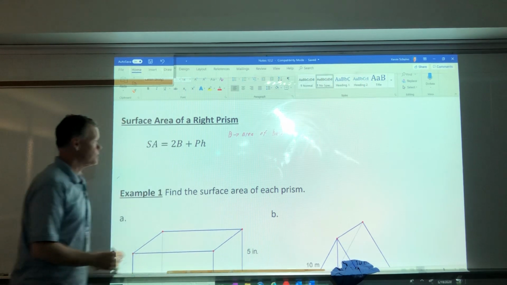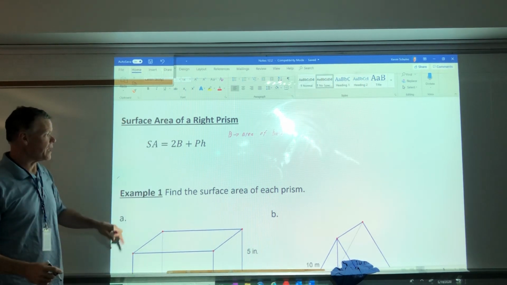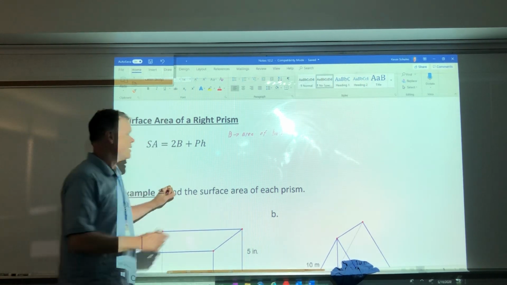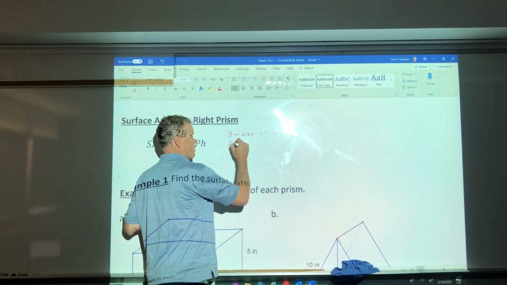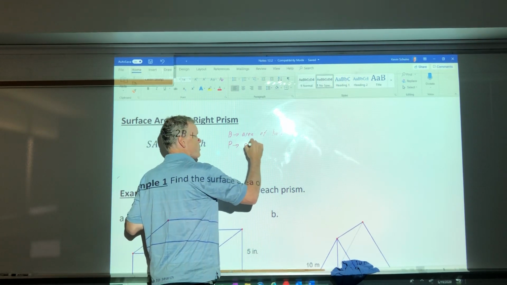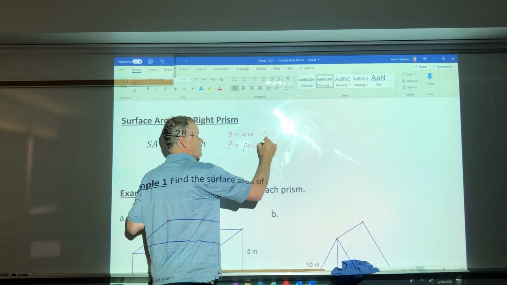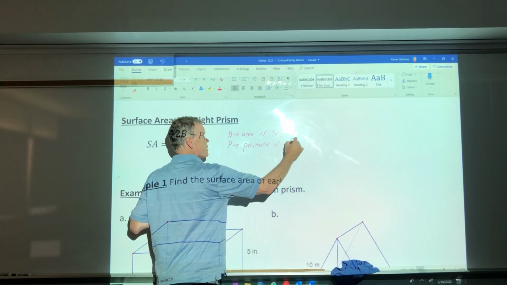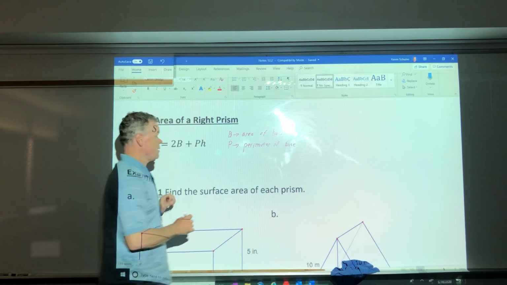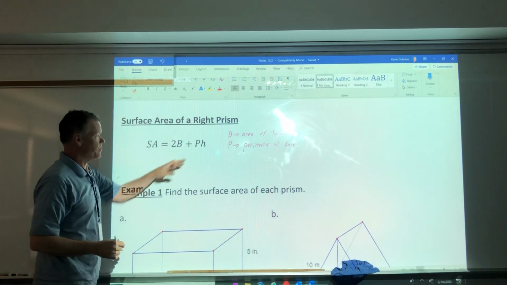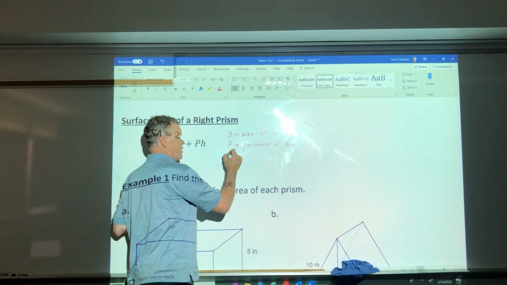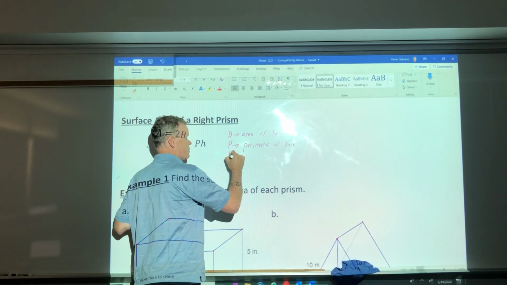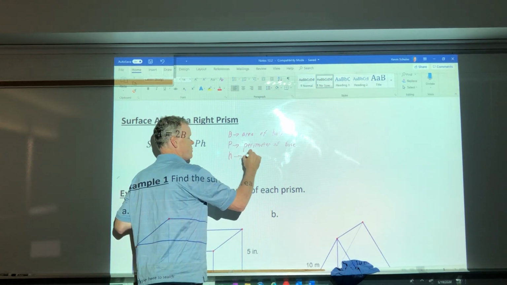So 2 times the area of the base plus P, that's your perimeter of the base. And then you're going to multiply that perimeter times a small h, which is the height.